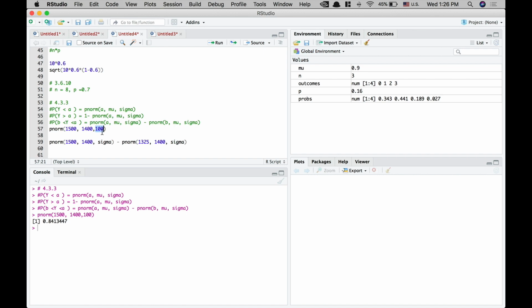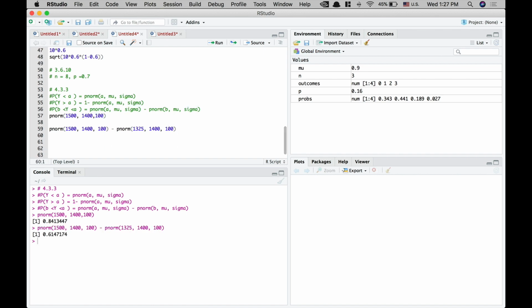Sigma doesn't change either. If we run this line of code, we get 0.6147, and that gives the probability that a randomly selected variable falls between 1,325 and 1,500.